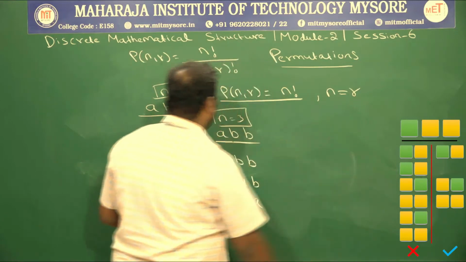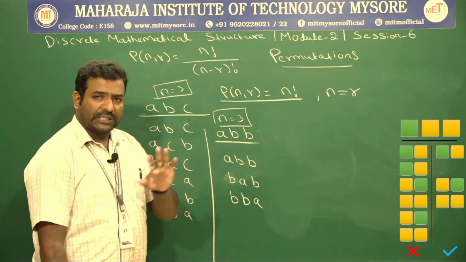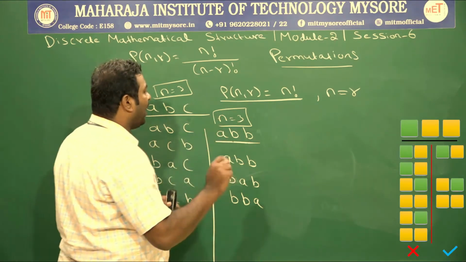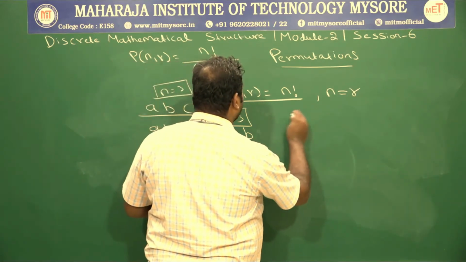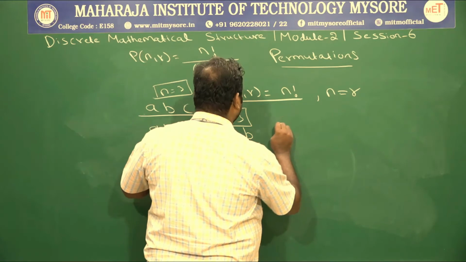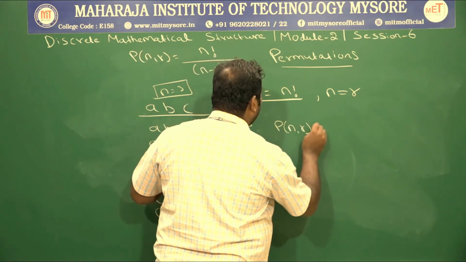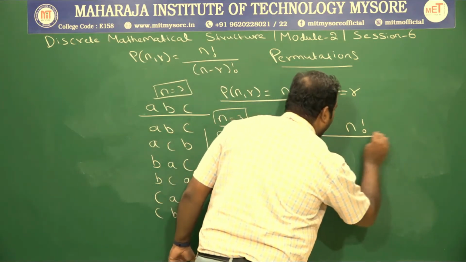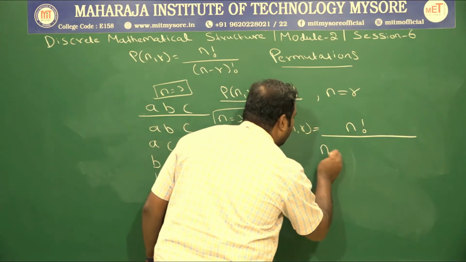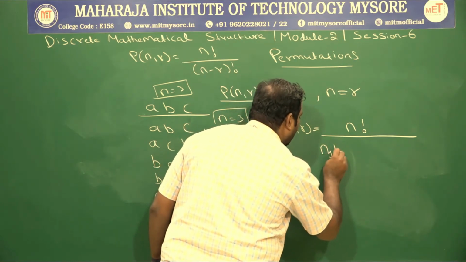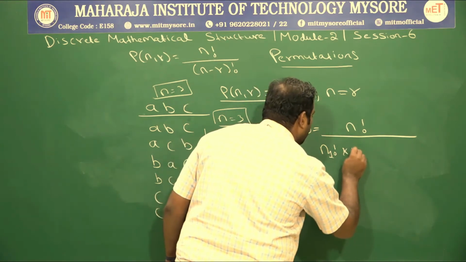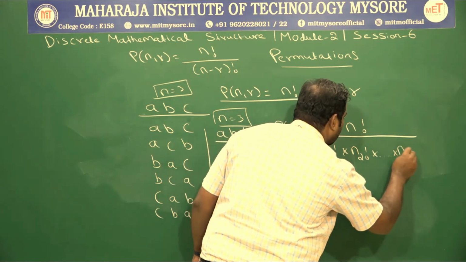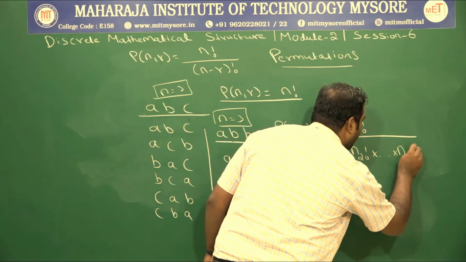So now whenever you're going to have such scenarios where n equals r, what exactly I need to do here is, now this P(n, r) will be equivalent to n factorial divided by n1 factorial into n2 factorial into so on nk factorial.